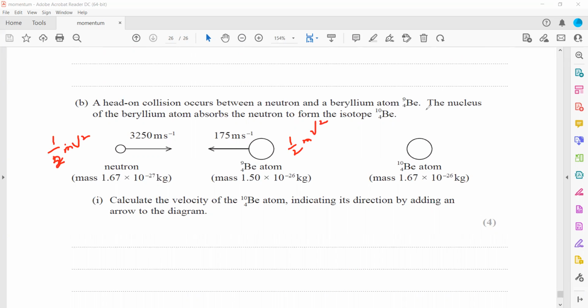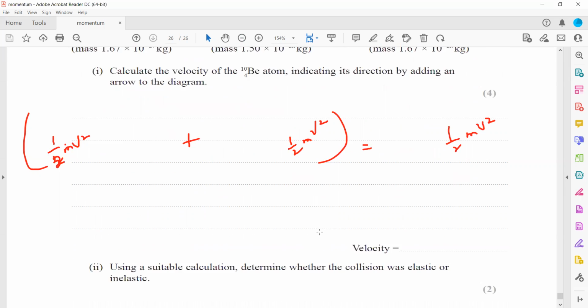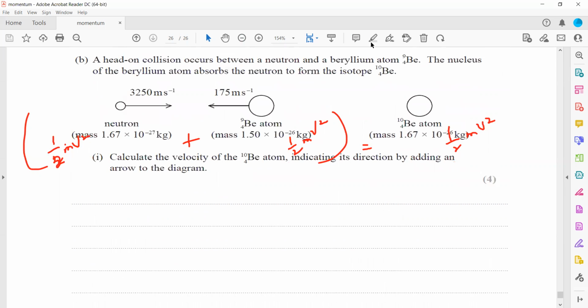And this is the total kinetic energy before the collision, and this is the total kinetic energy after. So if the two energies are the same, the collision will be elastic. If the two energies are not the same, the collision will be inelastic. Likely, a head-on collision leads to an inelastic collision, so the sums will not be equal.